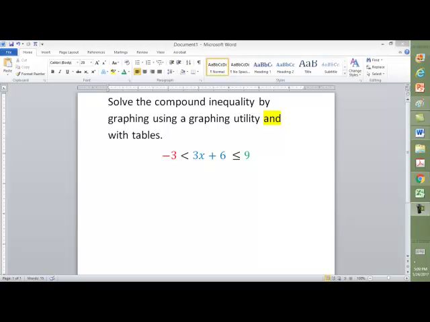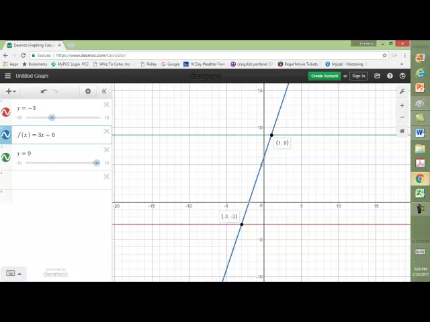So let's look at our graph and see what this looks like. And when we're done with graphing, we'll go to the tables. So on our graph, notice that I have y equals -3 here. And down here you see a red horizontal line at the level of y equals -3. We also have a blue line, which notice I used f of x. I did that so that we can do the table later.